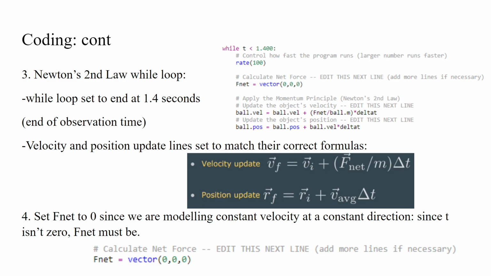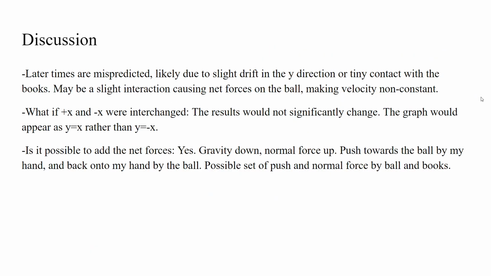So I had to add the net force over mass times delta t for the velocity update, and update that position formula as well. And then, importantly, I had to set the net force to zero since we're modeling constant velocity in a constant direction, and delta t is not zero. The only way to get the left side of ball.velocity and ball.position to be zero would be to set F net to zero. No net force, since it's a constant velocity.